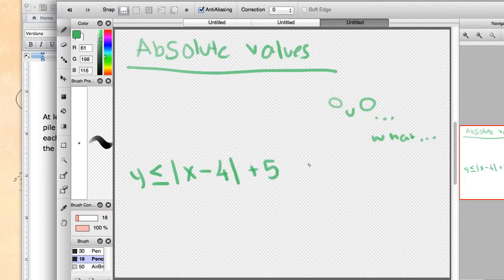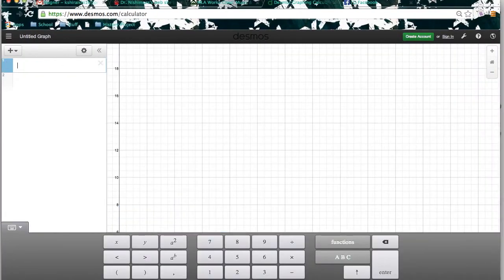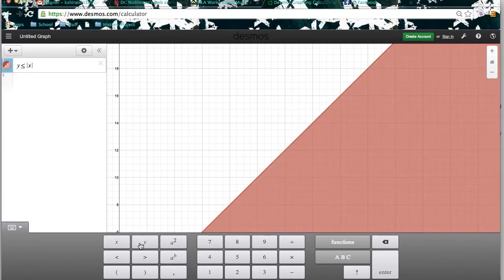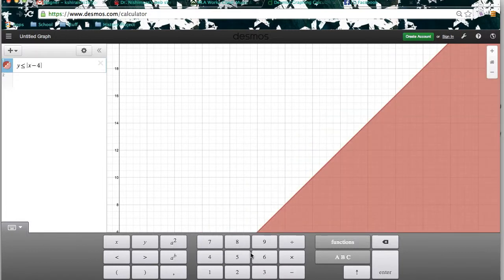Now let's plug this in. y is greater than or equal to the absolute value of x minus 4 plus 5.